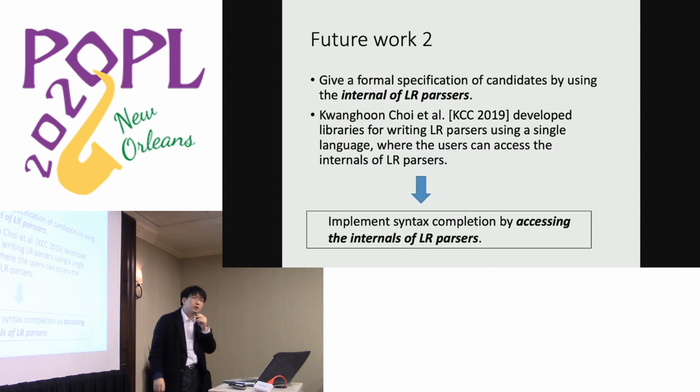Another future work may be this one: give a formal specification of candidates by using the internals of parsers. Recently, Kwan-Fu Choi in KCC 2019 developed libraries for writing parsers using a single language.